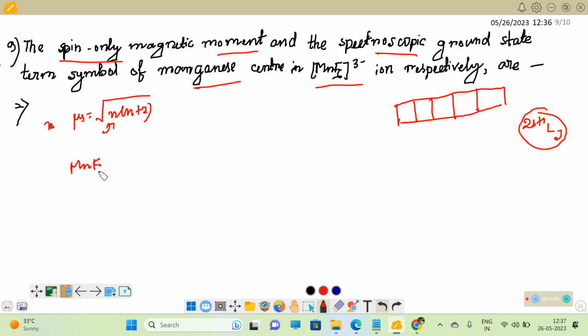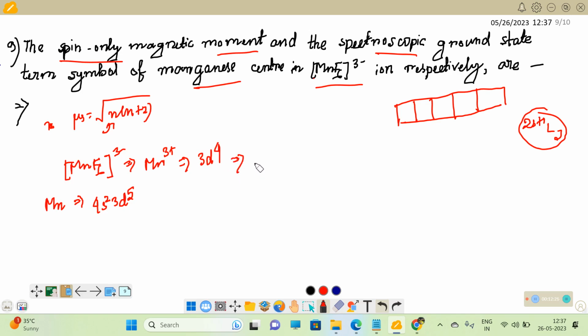So the complex is [MnF6]3-, that is Mn3+. For Mn we know the electronic configuration is 4s2 3d5. So Mn3+ is 3d4.